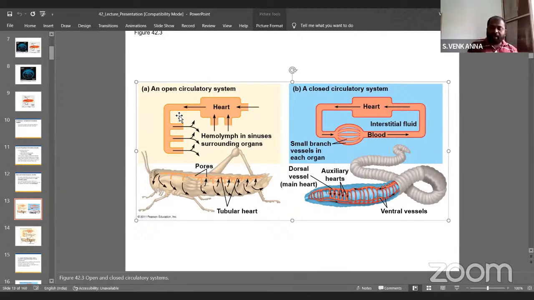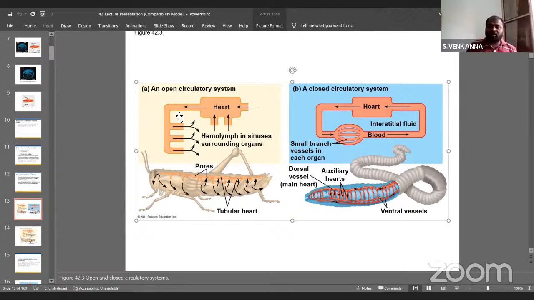The primary oxygen transporter molecule is hemocyanin, which contains copper. Its color appears blue. There are free-floating cells, the hemocytes, within the hemolymph that play a role in the arthropod immune system.